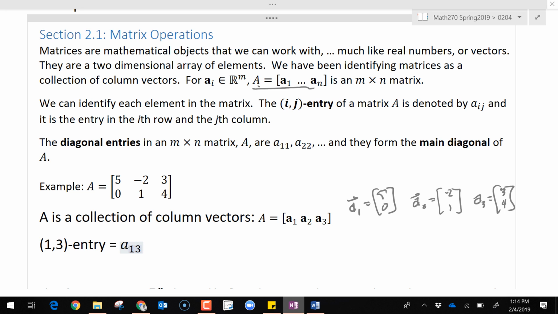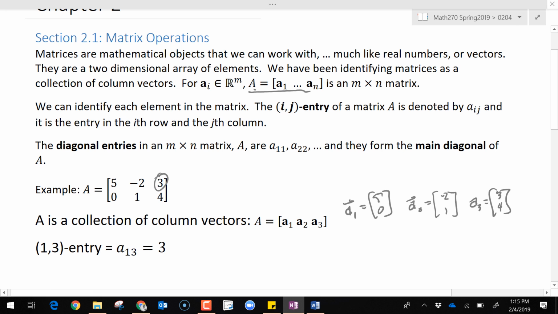Sometimes they put commas in between here, so it doesn't look like it's 13. But if they don't put a comma and you don't have 13 columns or anything like that, then you know it's the first row and the third column. So in our example, what's A1, 3? 3 in the first row and first column, right?